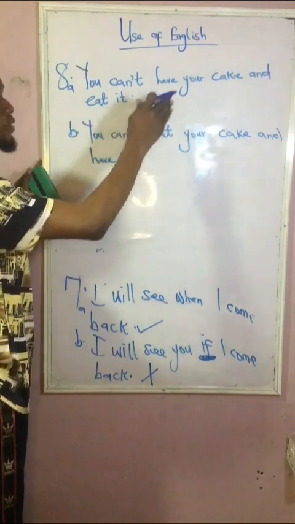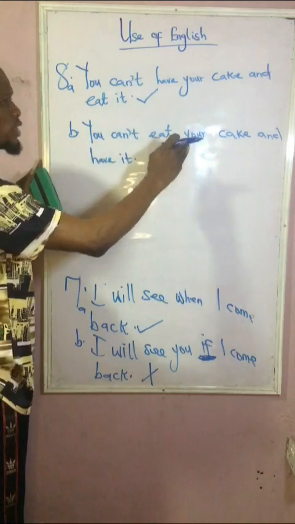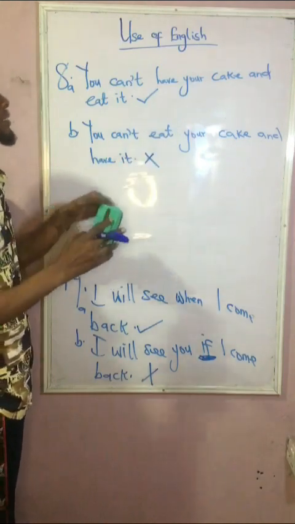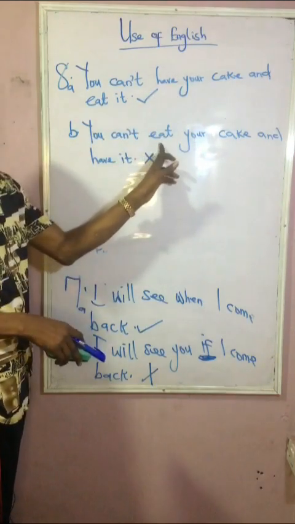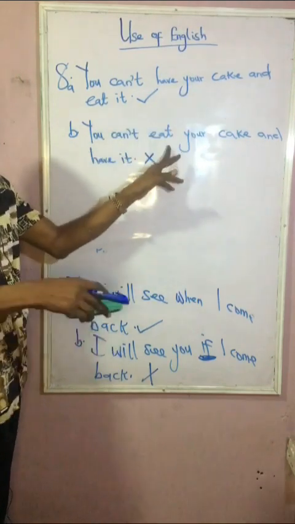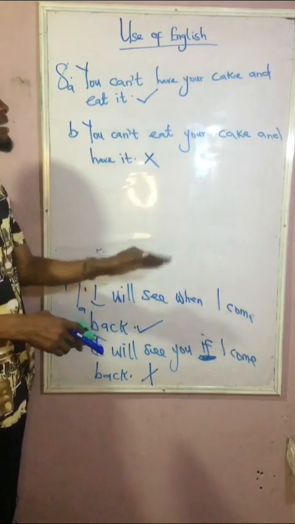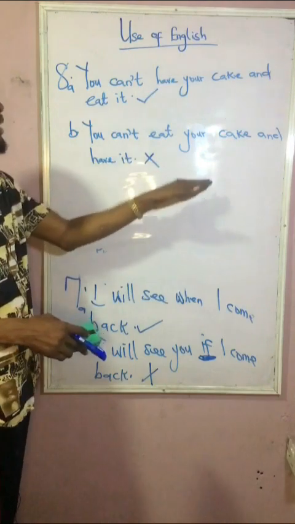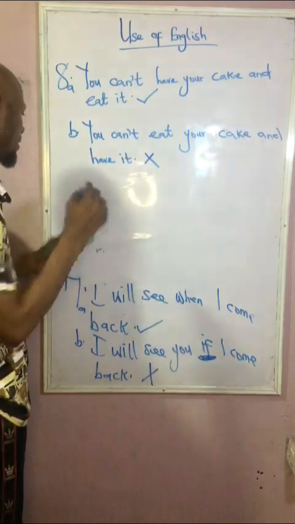You can't have your cake and eat it. This is the standard variant. You can't eat your cake and have it is a non-standard variant. Have should come first before eat, not eat coming first before have. So the standard variant is you can't have your cake and eat it, not you can't eat your cake and have it.